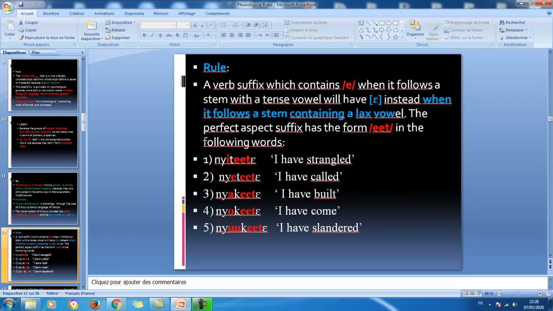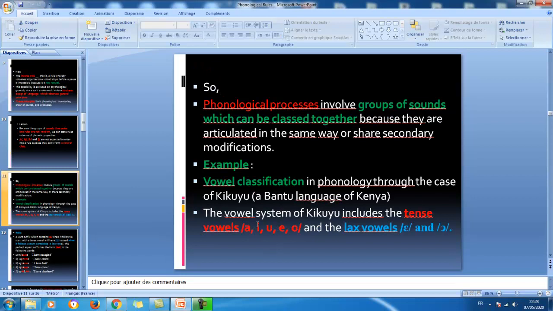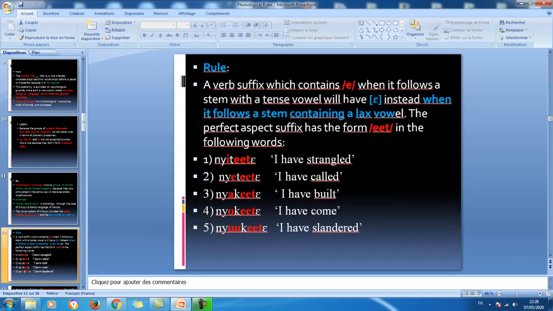Okay, so in the suffix we have the tense vowel. Why? Because in the stem, in the verb, there is a vowel which is also tense. Remember, this is also a tense vowel. Now, same thing in here.